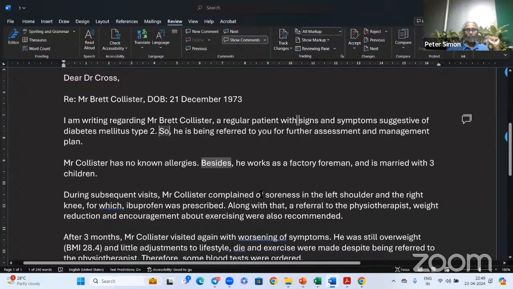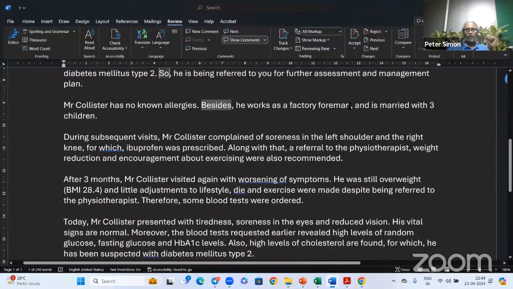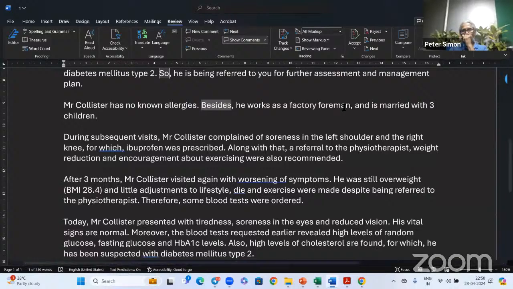Next. Additionally, he works as a factory foreman. He works as a factory foreman.